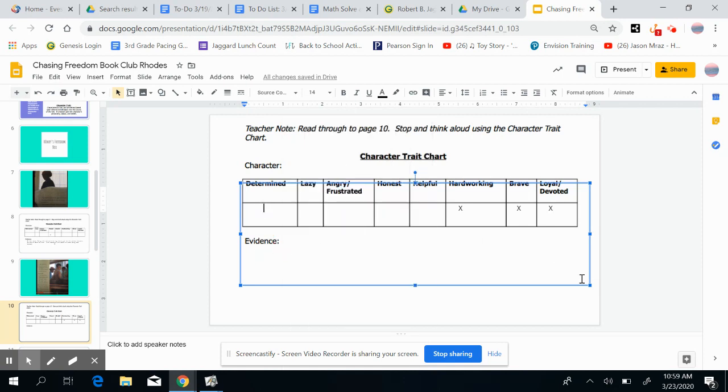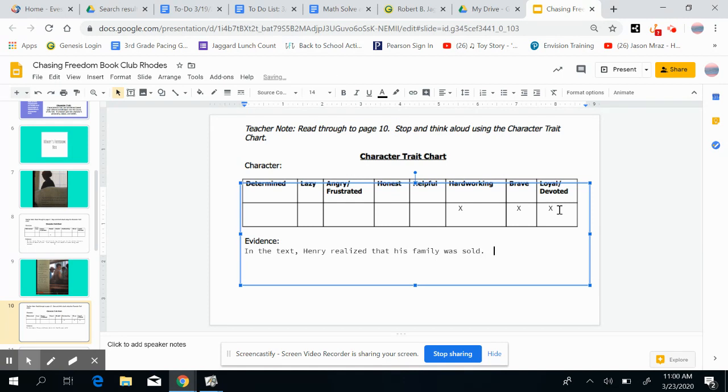Okay, now I need to explain why I chose these traits and what in the story made me think that. In the text, Henry realized that his family was sold.